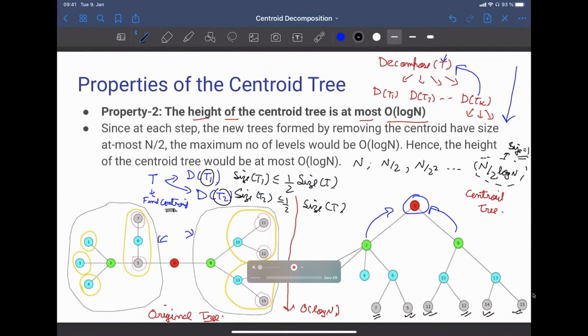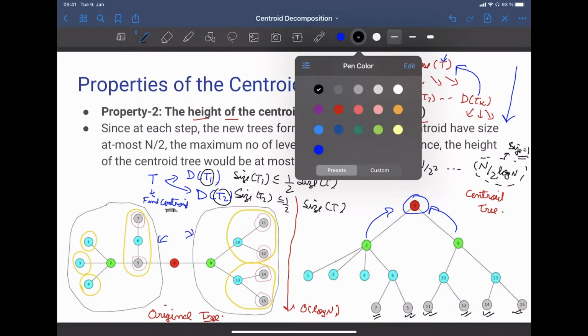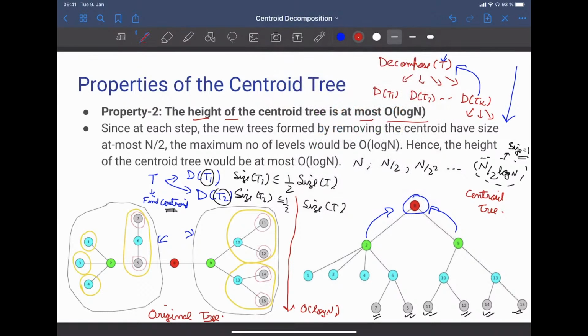You can also think of it like this: starting at the leaf and going up, the subtree size doubles. It is the same intuition, but this decompose intuition is better because it matches well with what you are actually doing. You are finding the centroid and recursively calling decompose on the subtrees, and by definition the subtree size is less than n by 2.